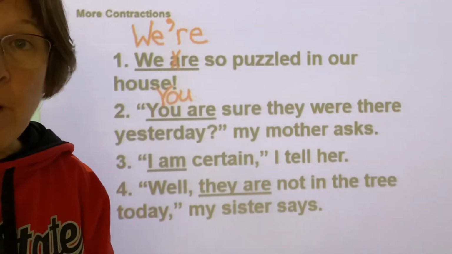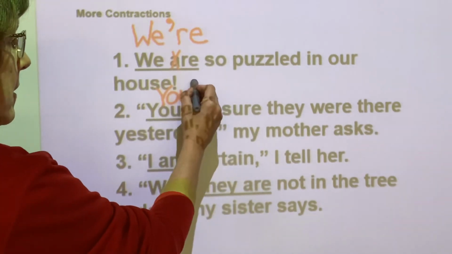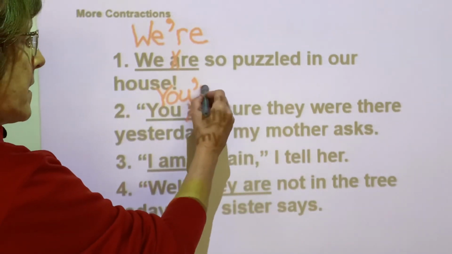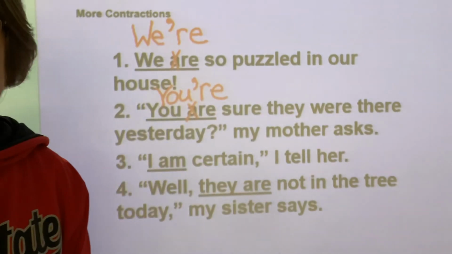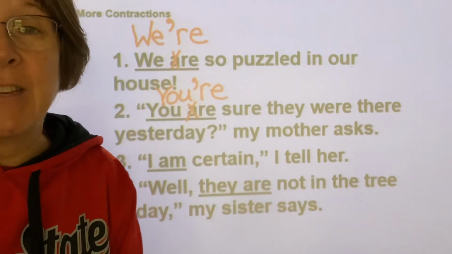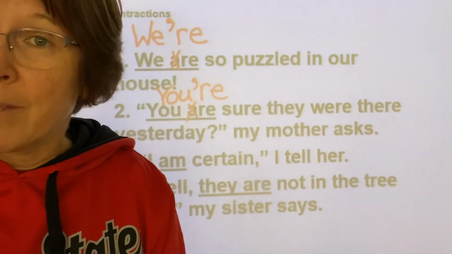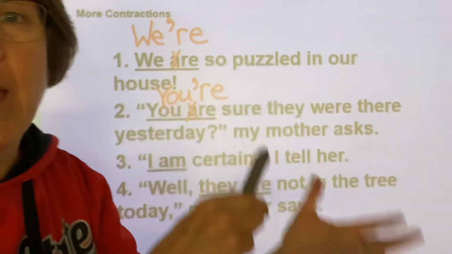The second word, get rid of that first vowel and replace it with an apostrophe. And then the R-E. You're. Okay, that's different than if you're saying, I'm going to your house. That's spelled differently. This is a contraction of you and are.